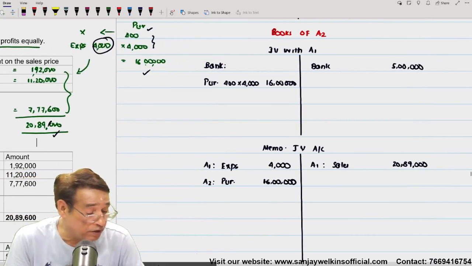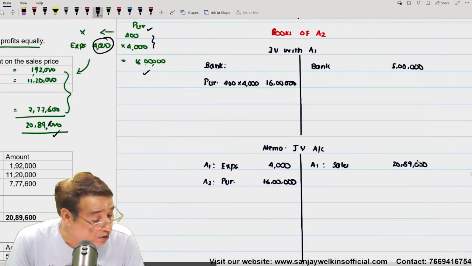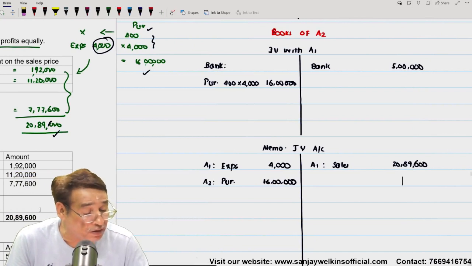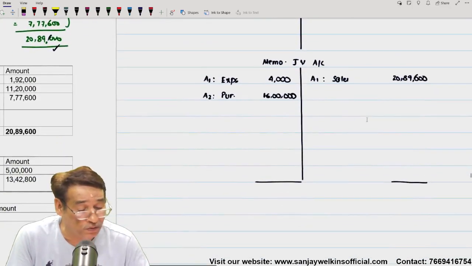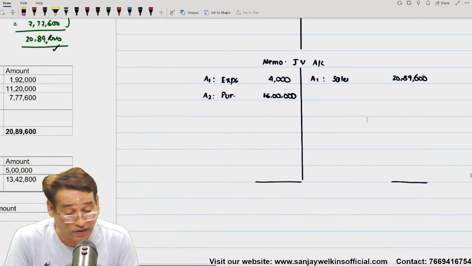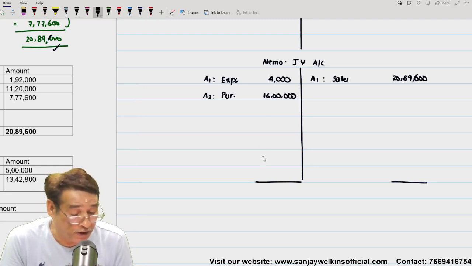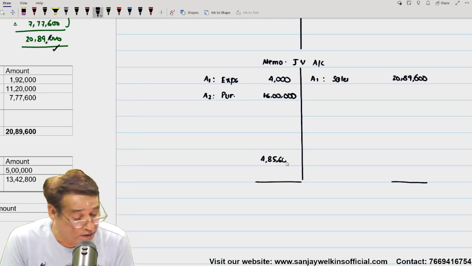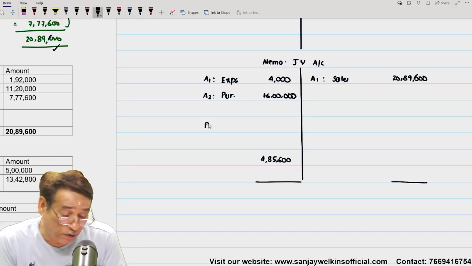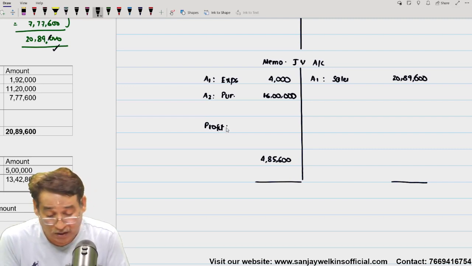Sale amount I have written 20,89,000, actually it is 20,89,600. Let me check also. 20,89,600 minus 4,000 minus 16 lakh. You better note it down. 4,85,600. So this profit will be transferred in equal ratio, divided by 2.